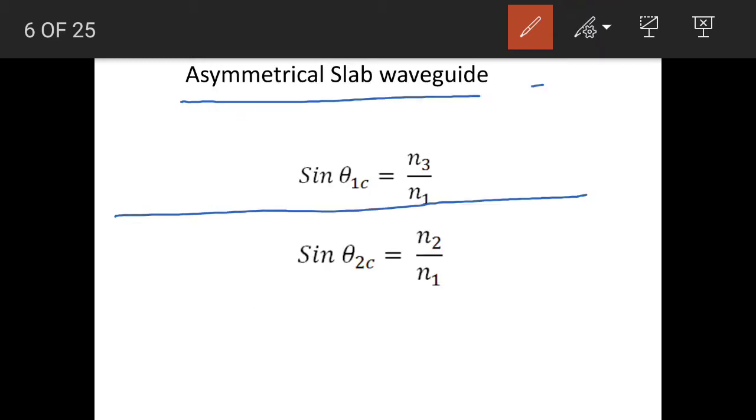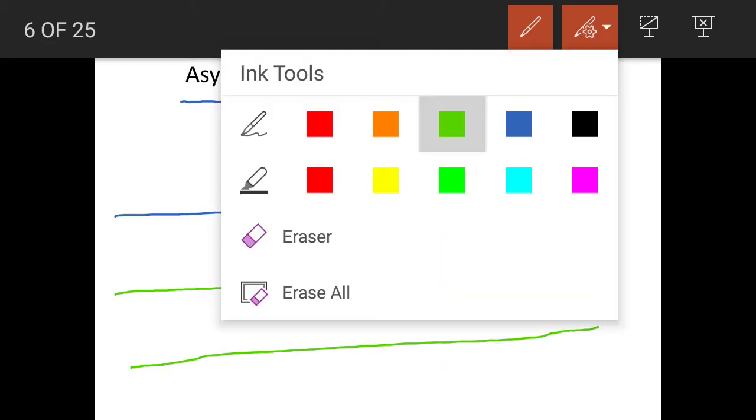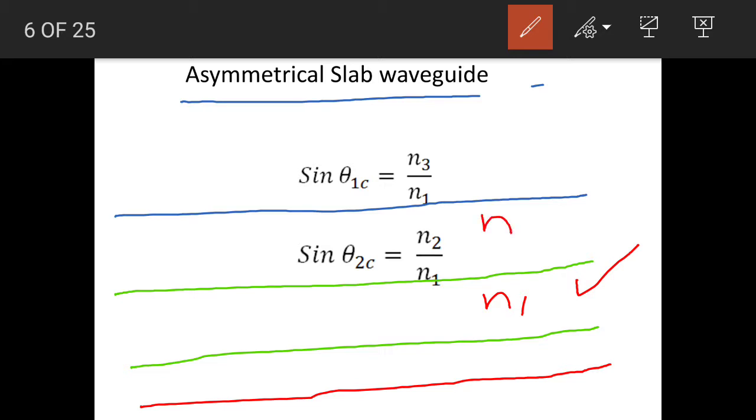So we consider the top layer of the waveguide, then the central layer, and then the bottom layer of the waveguide. So here is the central layer. The refractive index of the central layer is n1, the refractive index of the top layer is n3, and the refractive index of the bottom layer is n2.